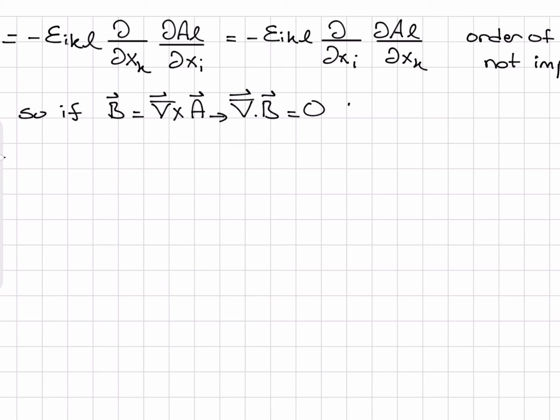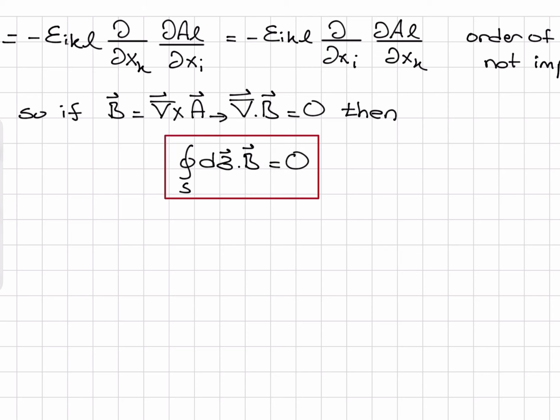All right? Then we can conclude the closed surface integral d sigma dot B must be equal to 0 due to Gauss theorem.